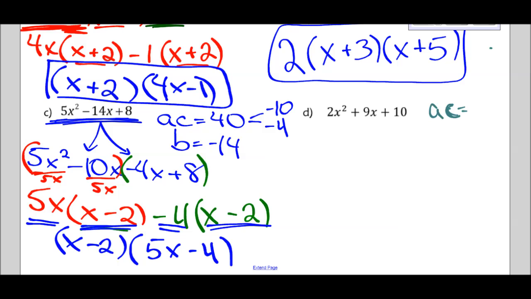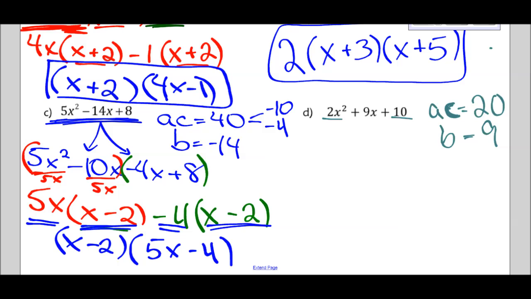Really, it's just 2 times 10. So it's A times C. It's the first number. That's the last number. That's 20. The B is 9. What combination is going to work there? What's going to give us 20 when we multiply and add to 9?